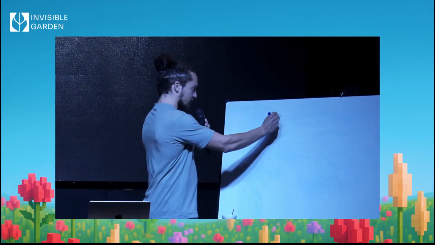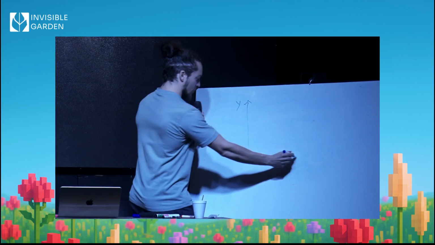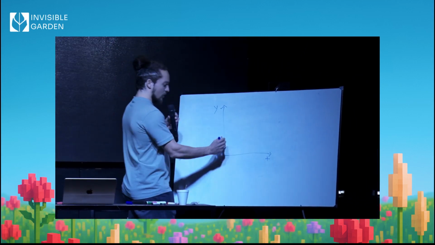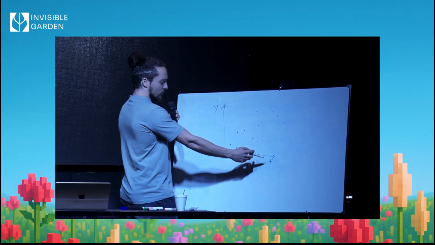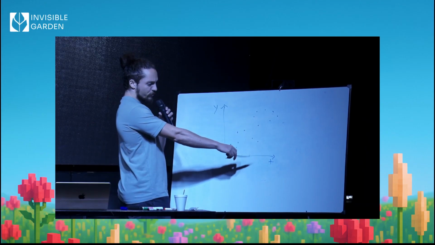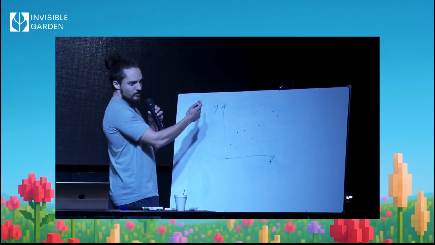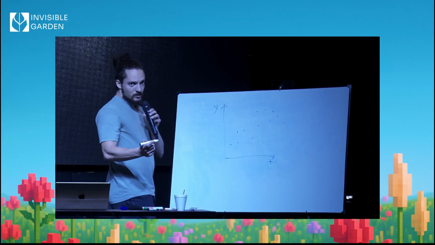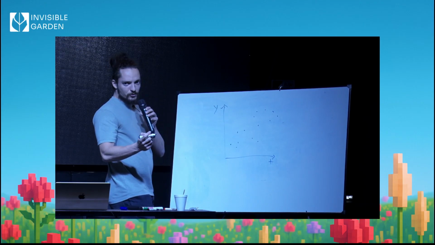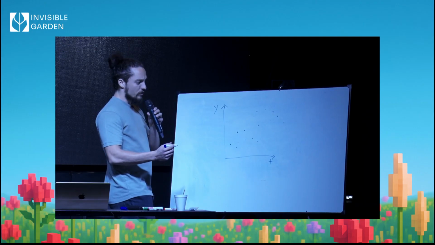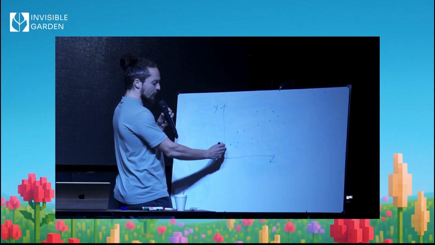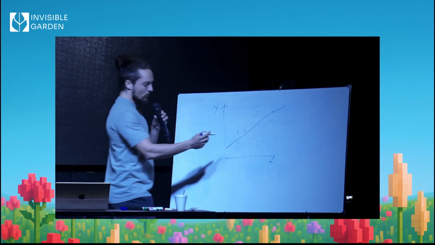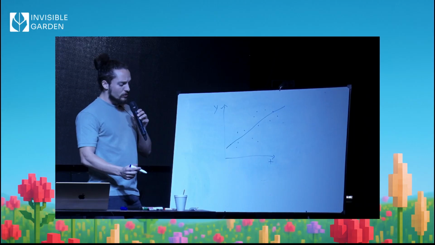So if you have your y and your x, and you have data points somewhere, and this could be like x is the number of square meters in your house, and y is like the price. The simplest model that you can train on this data would be a linear regression of one variable to one variable. So you'd fit a line that goes through the data as best as possible.